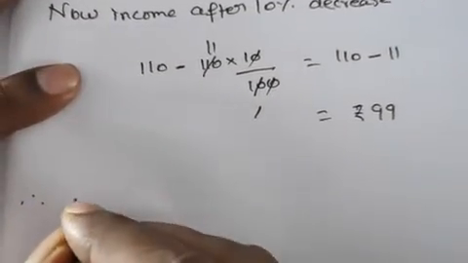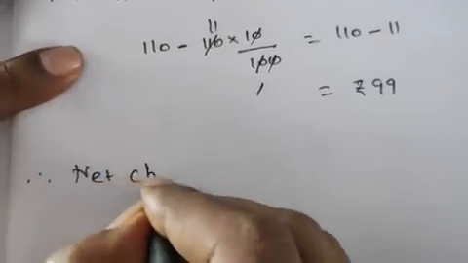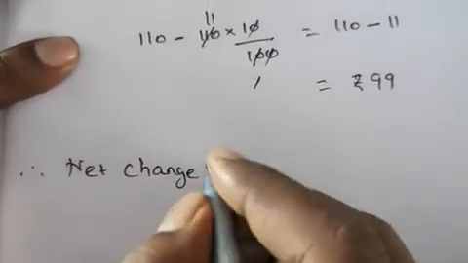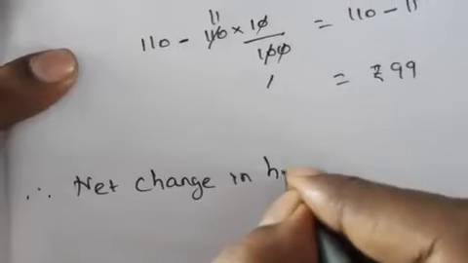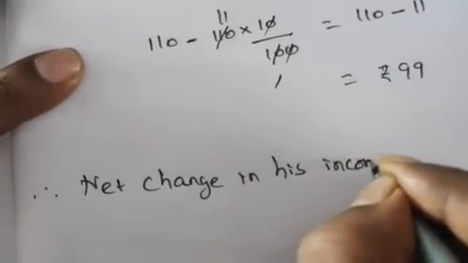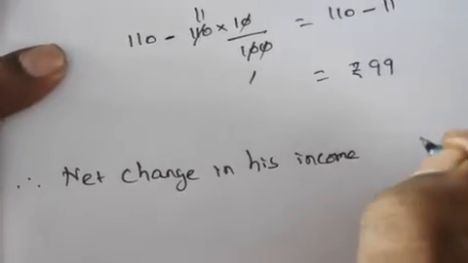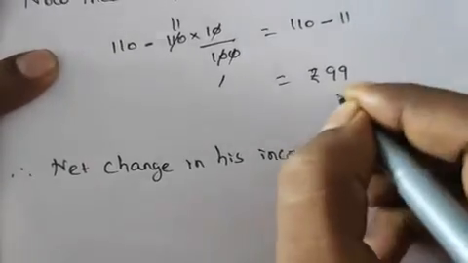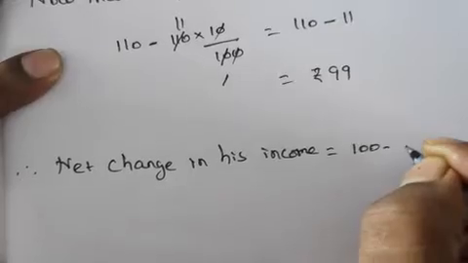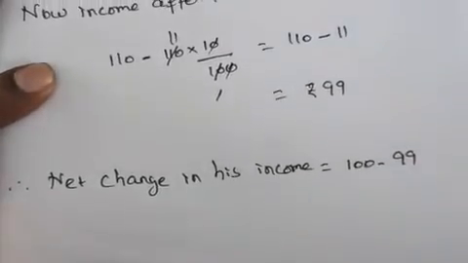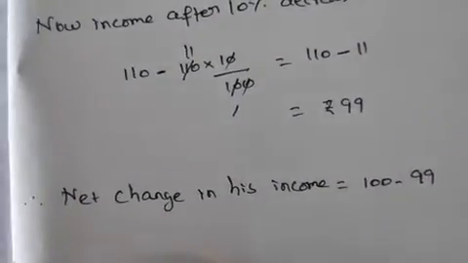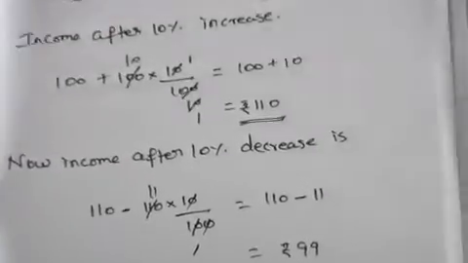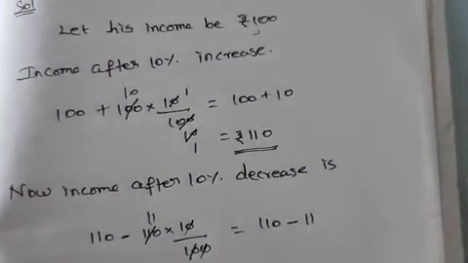Therefore net change in his income is, first he got 100 rupees. Now he got an income of 99. There is the change. The initial income is 100 rupees, then it is increased by 10%, then we get 110 rupees.